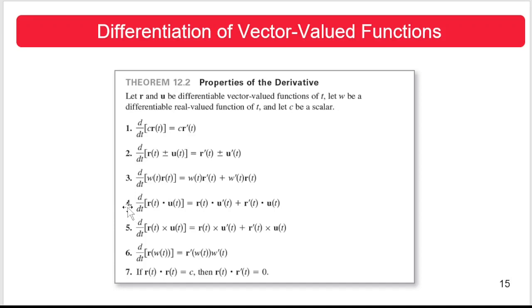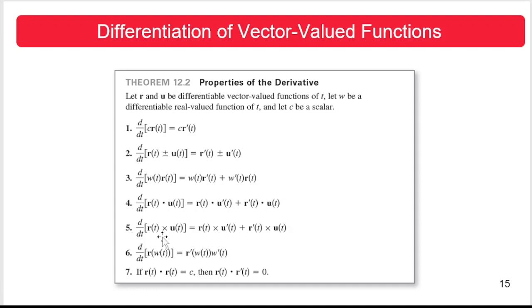Okay, number four, the derivative of the dot product of the two vector valued functions r of t and u of t is equal to r of t dotted with the derivative of u of t, plus the derivative of r of t dotted with the vector valued function u of t.